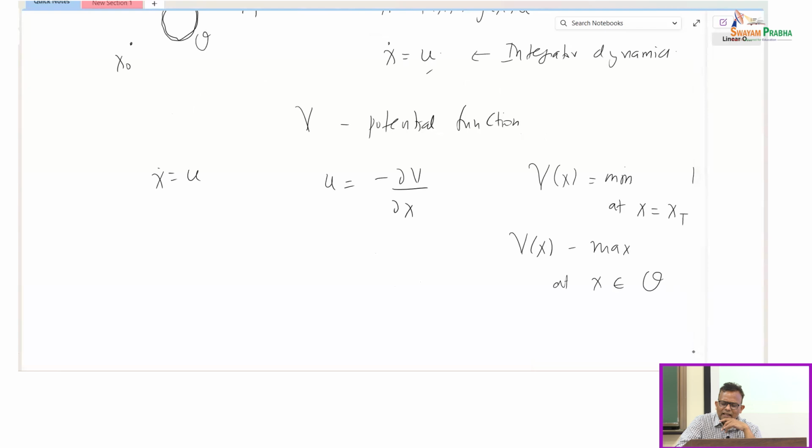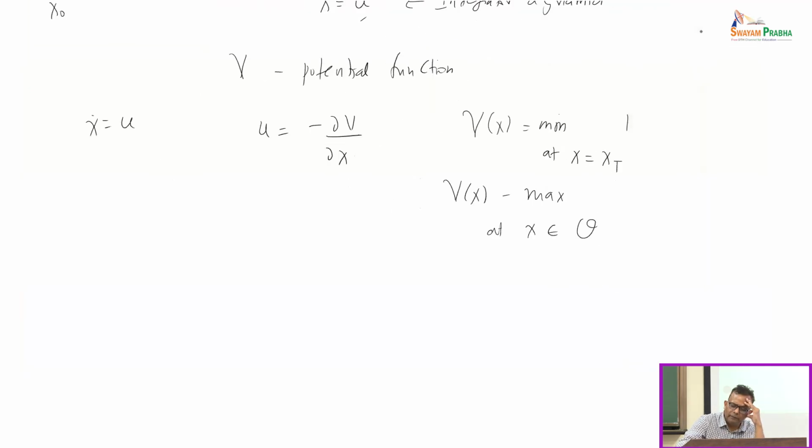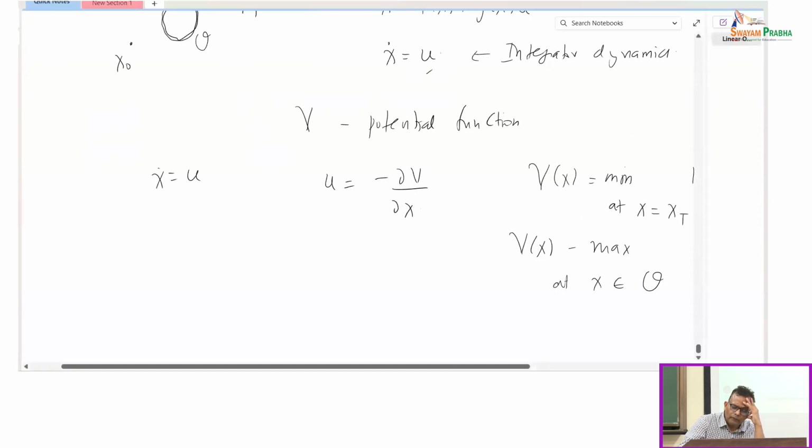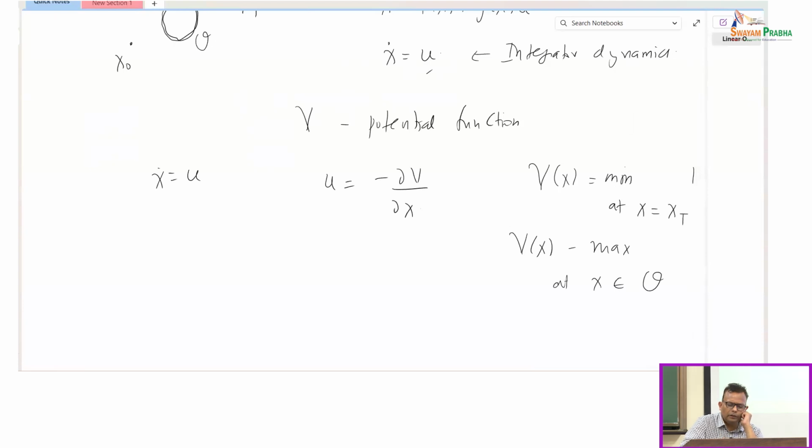But the challenge, just because of the topology of this problem, is that when you do something like this, you will introduce undesirable minimas. Undesirable minimas will be like critical points, so the gradient of v at that point will be 0.